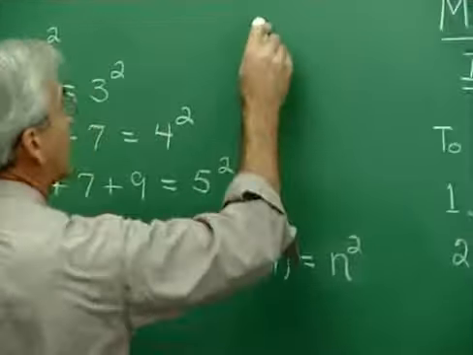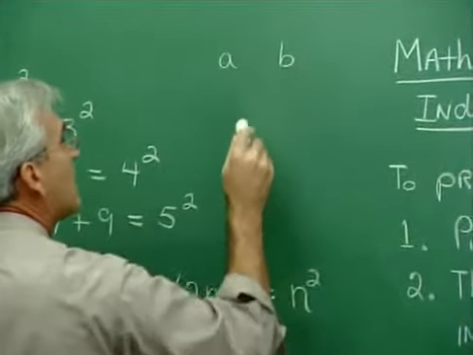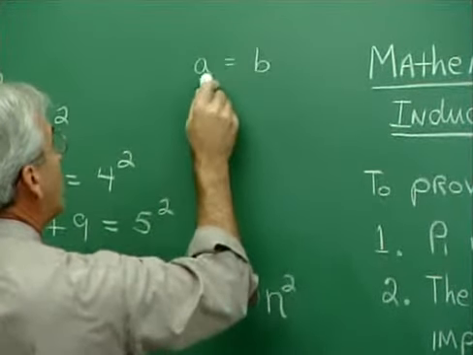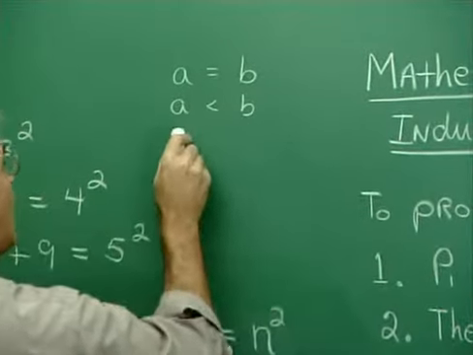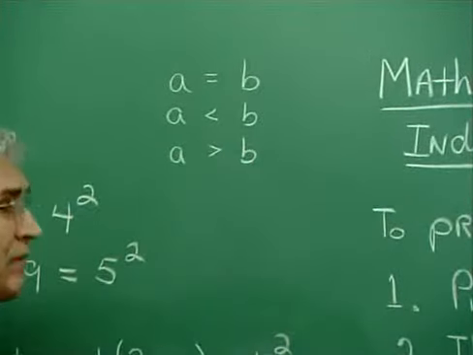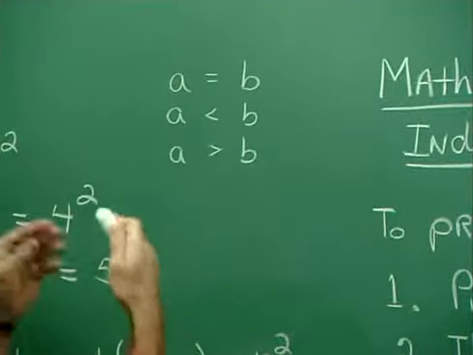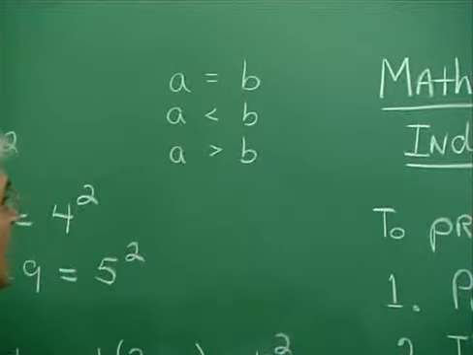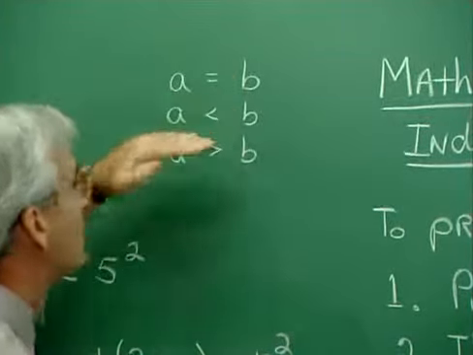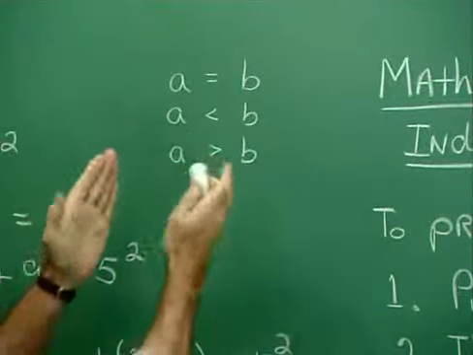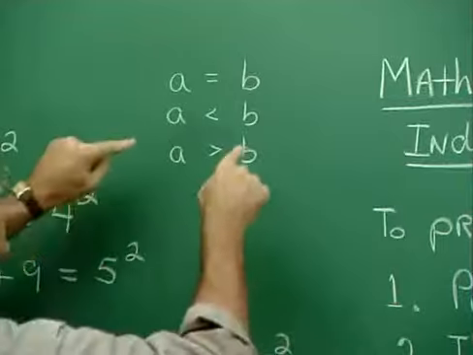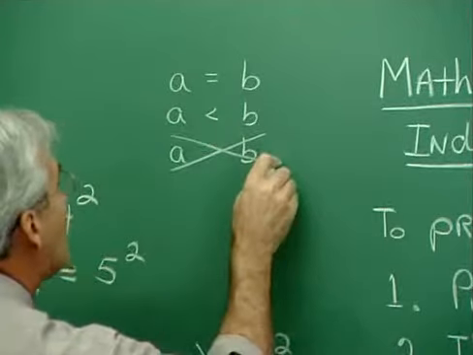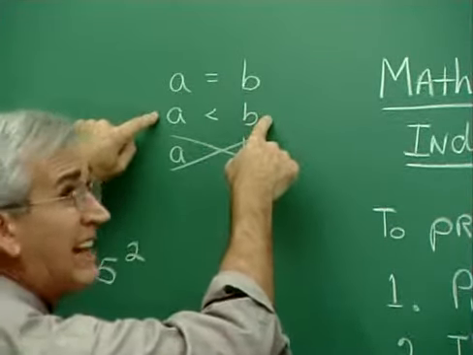It's the idea that if I've got a couple of numbers, A and B, then we know that one of these ideas is true, that either A is equal to B, A is less than B, or A is greater than B. Now, if you have a couple of numbers, A and B, and you want to show which one of these is true, one way to do it, because we have only 3 possibilities for an order relationship between a couple of numbers, is to assume that this is true and then arrive at a contradiction and show it can't happen, and then assume that one is true and show that it can't happen.